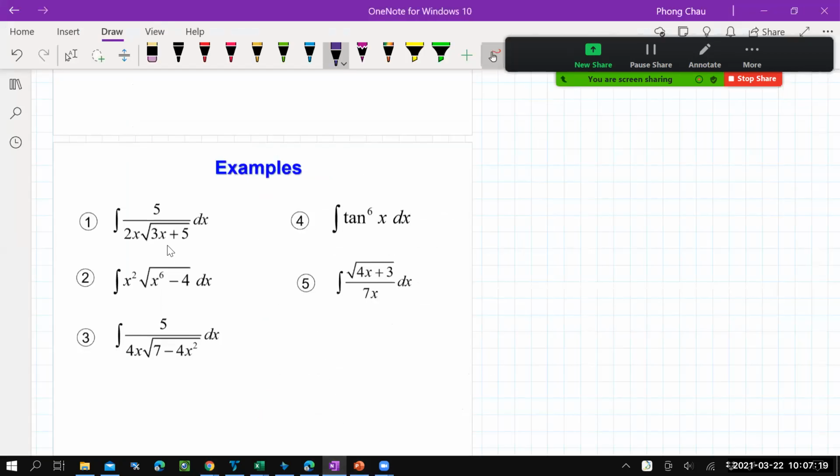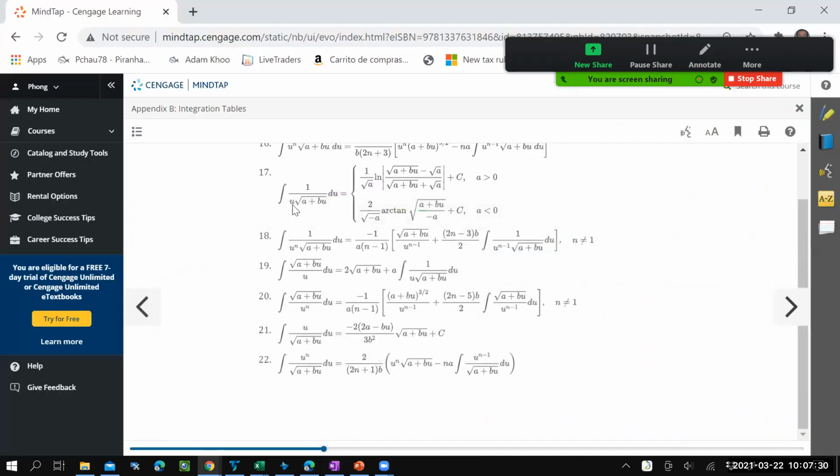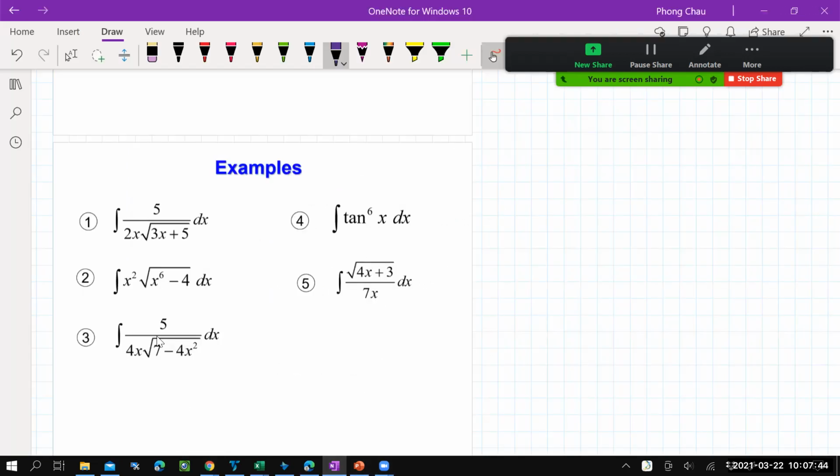However, the one we have here has 2x in front, so there's another variable outside the root. Which one? 17, yes. 18 has the power n. We don't have the power. That one, there's no variable outside. So it must be 17, right? Look at that, 2x, right?